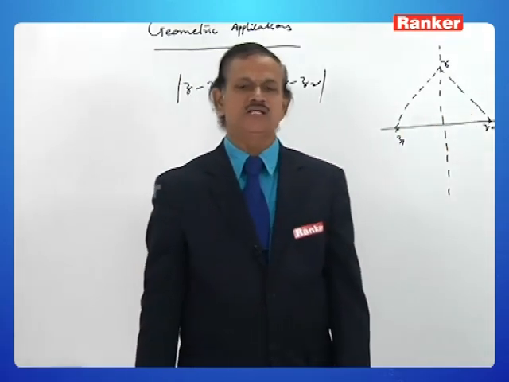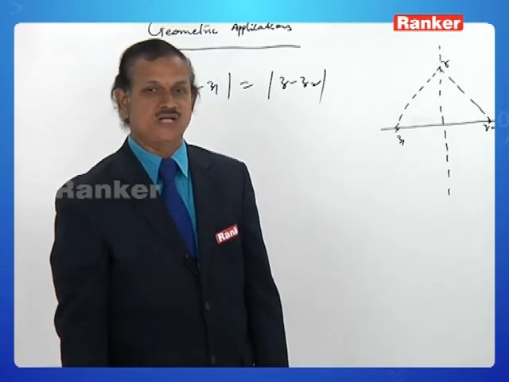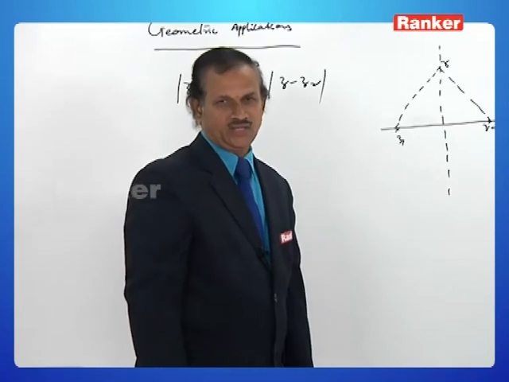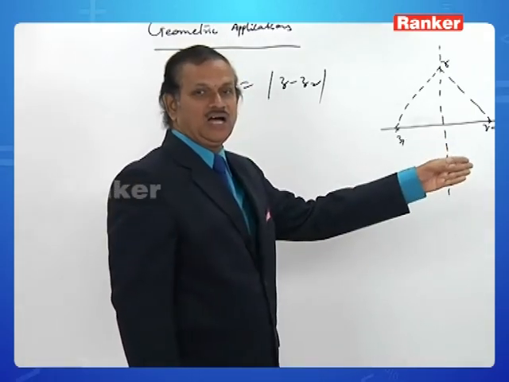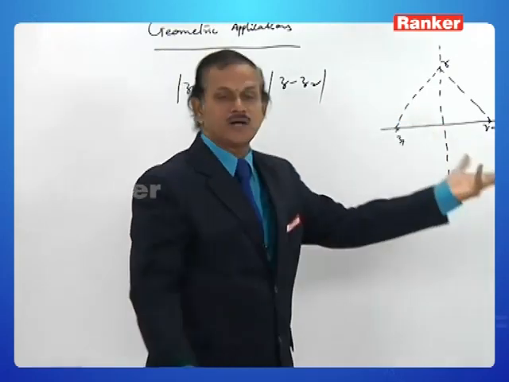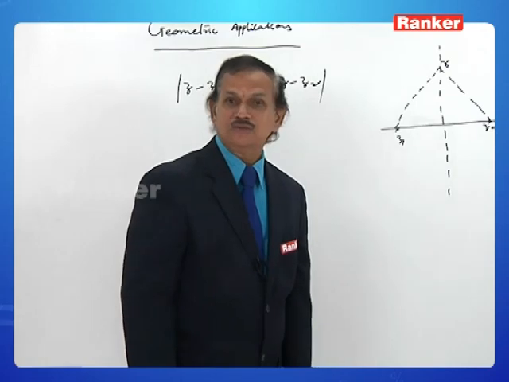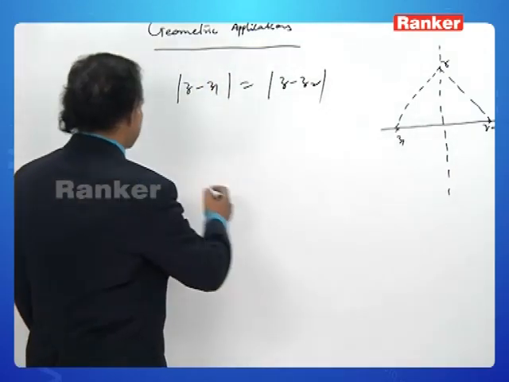What does it mean? The complex number Z, whose locus is supposed to be obtained, moves at an equal distance between Z1 and Z2. It is just nothing but the perpendicular bisector of the segment joining Z1 and Z2. You must be knowing that. As an example, let me illustrate this.